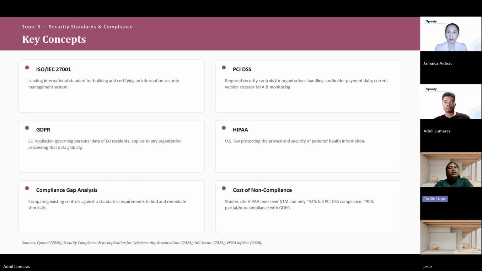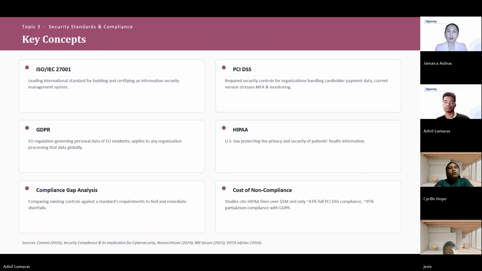ISO IEC 27001: international standard for information security management systems. PCI DSS: required for any organization processing card payments. GDPR: governs personal data of EU residents, applies globally. HIPAA: protects health information within US healthcare and its partners.